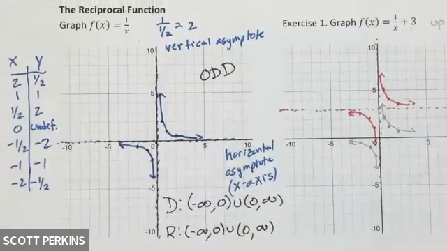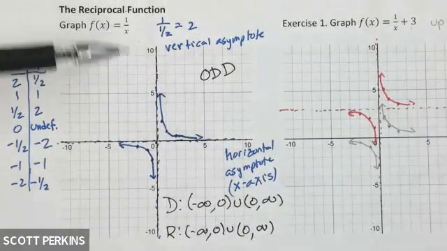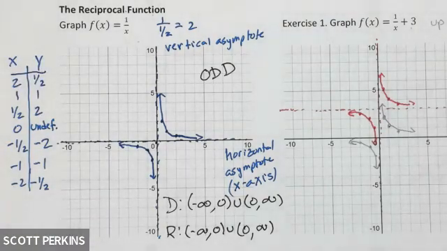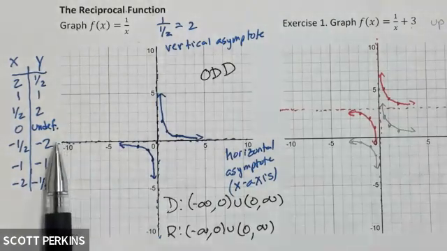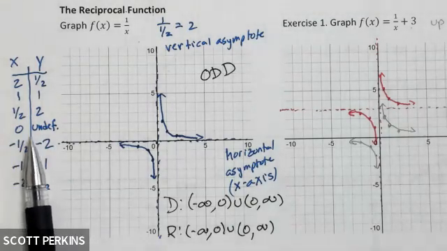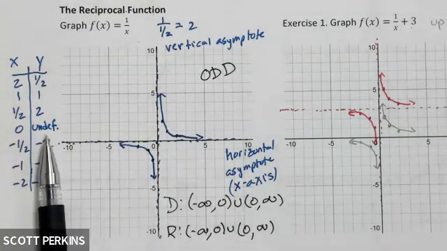Here's the first one we graphed. Where did the vertical asymptote occur? What was happening at the vertical asymptote when I plugged in values? Looking over here, what happened with my function that I have a vertical asymptote right there?